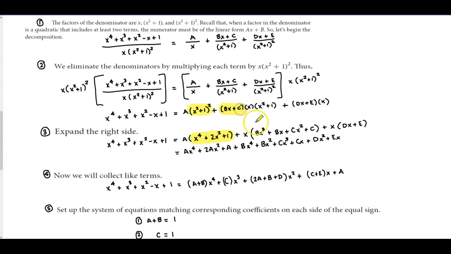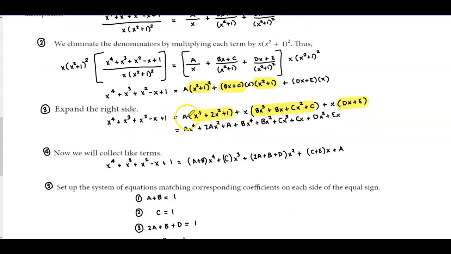And then we're going to expand this one. So we're going to take bx plus c and multiply that by x squared plus 1 and leave the x on the outside for now. When we FOIL that, we get bx cubed plus bx plus cx squared plus c. Then over here we're going to leave this as x times dx plus e. And now by expanding, we can distribute the a.